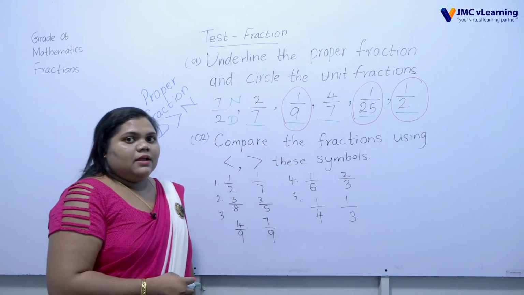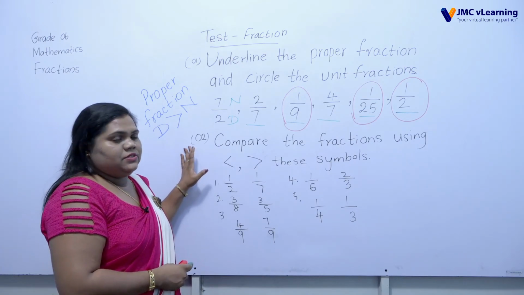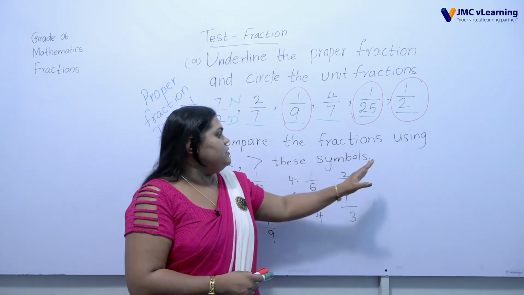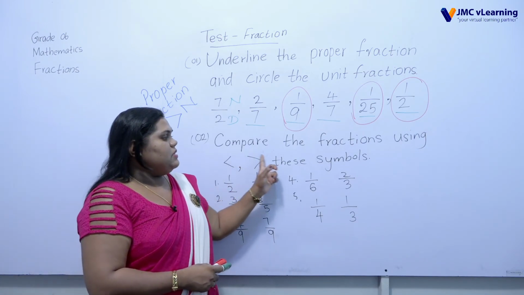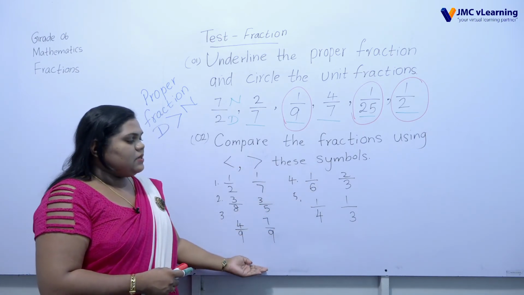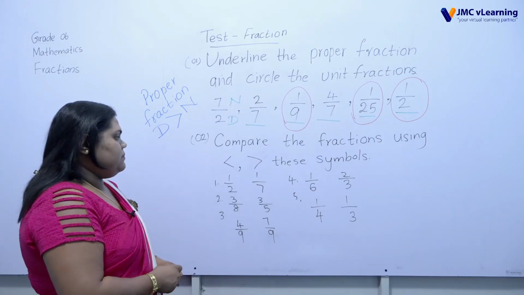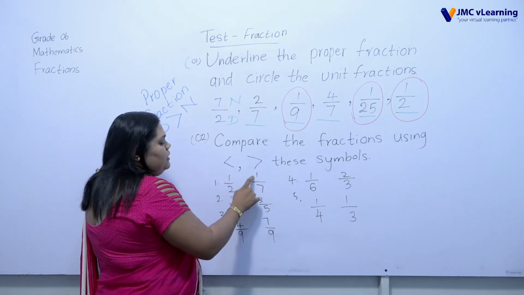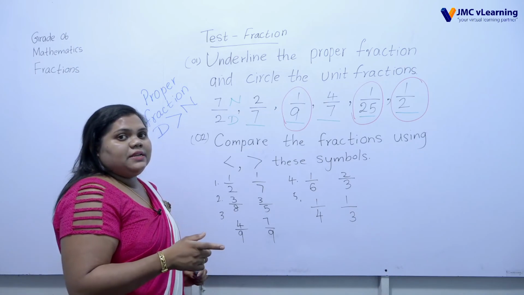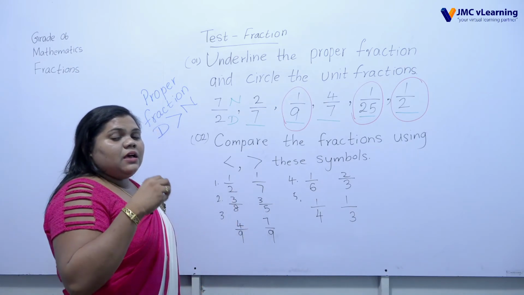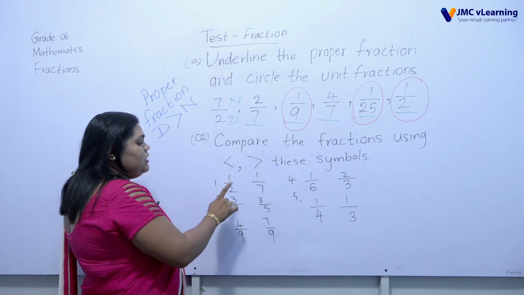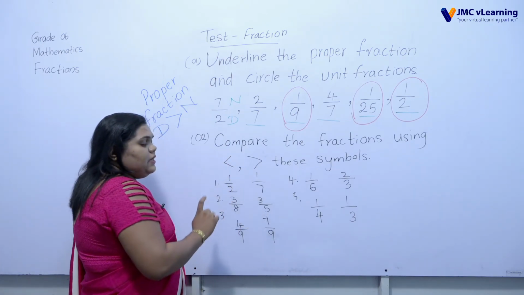Okay. Now second question. Compare the fractions using these symbols. We have to use these symbols to compare those fractions. First one. Here, same numerators. You want to think about the denominators. If there are same numerators, you have to think about denominators.